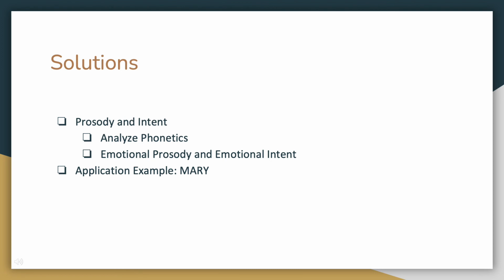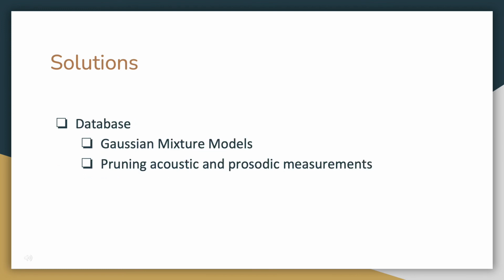Using the speech synthesis markup language, as they call it, Mary can control the intonation generated for emotional voices from markup and can change the shape of the intonation curve. Related to the database issues, we solved the problem in two procedures.